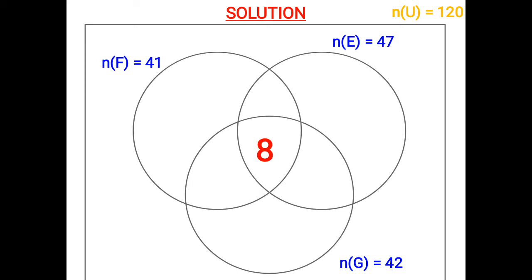So French and geography, French and economics, and then economics and geography. That is the side. So we look for this side. All right. Then we look for this side. And then we look for this side. All right. Good. So that is all right. Let's move on.